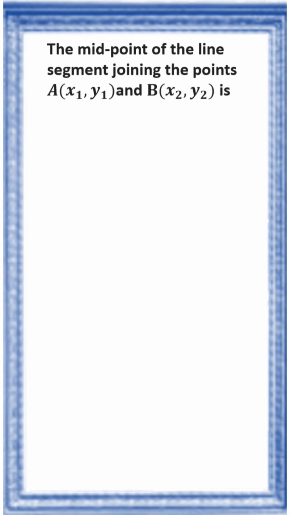The midpoint of the line segment joining the points A(x1, y1) and B(x2, y2) is (x1 plus x2) by 2, this is the x coordinate, (y1 plus y2) by 2, this is the y coordinate.